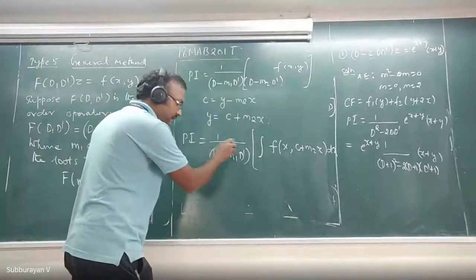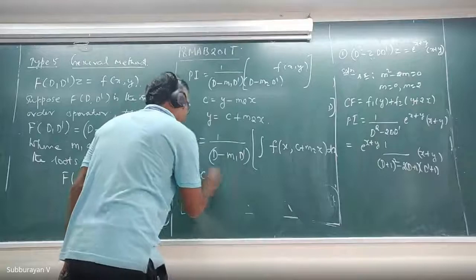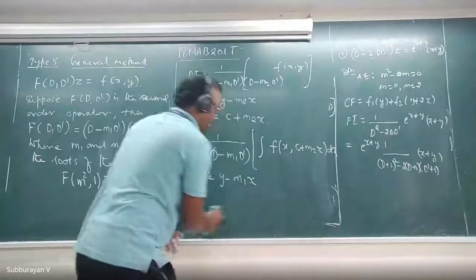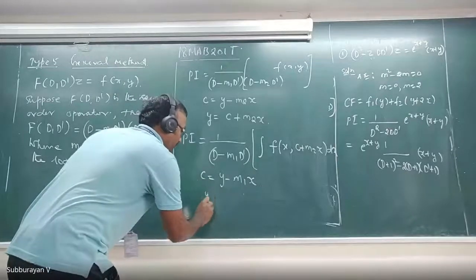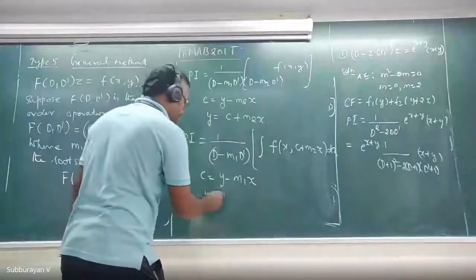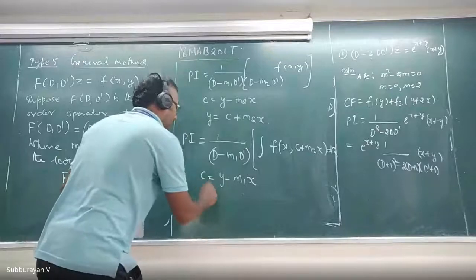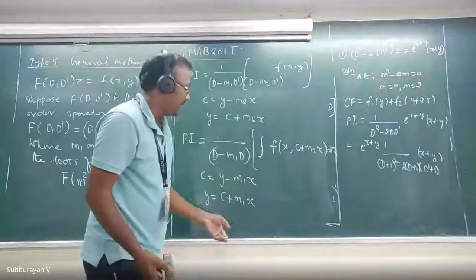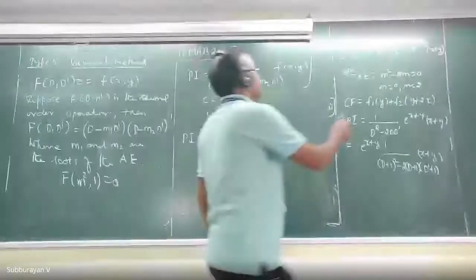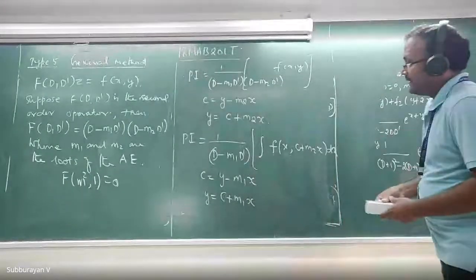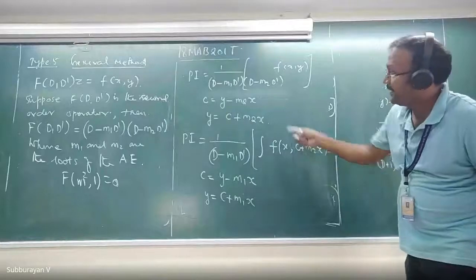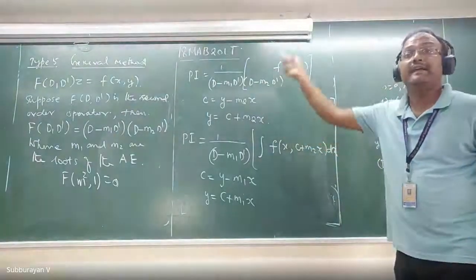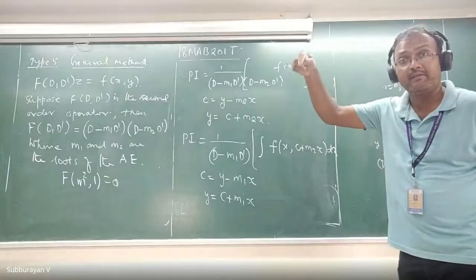Now, to eliminate the other operator, you have to choose c equal to y minus m1 x. From this expression, y equals c plus m1 x. After replacing c by y minus m2 x, there y will be there.